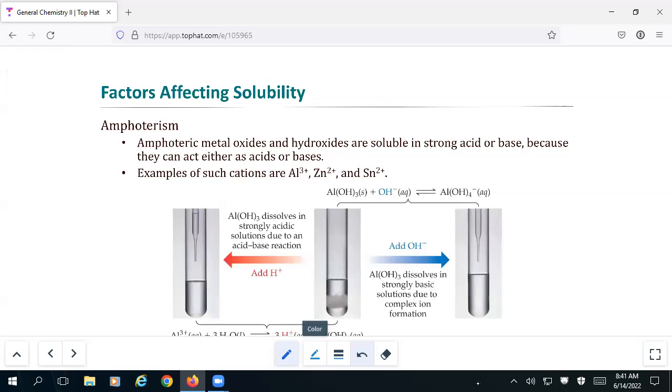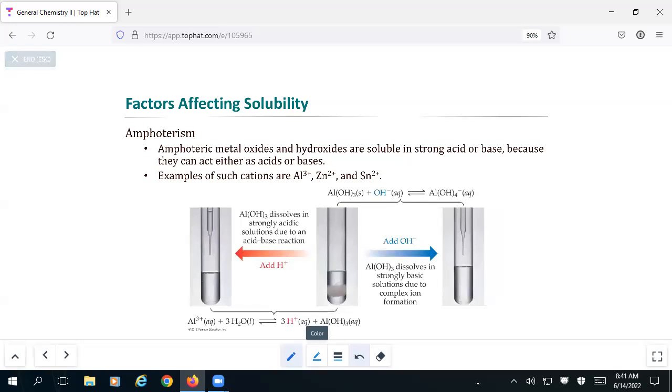All right. The last concept from a solubility standpoint that we want to talk about is amphoterism. Now, we've talked about substances being amphiprotic, could act as acid or act as base depending upon the circumstances. Amphoterism is a similar kind of phenomenon. Here we are looking at metal oxides and hydroxides that can be soluble in strong acid or in strong base.